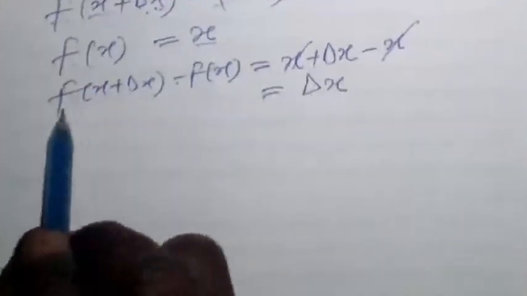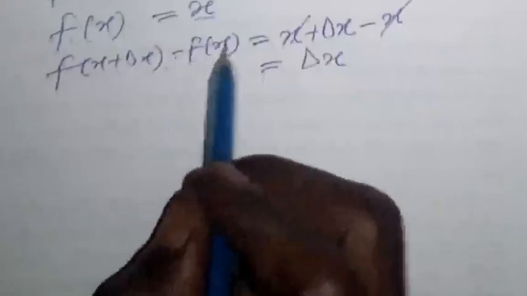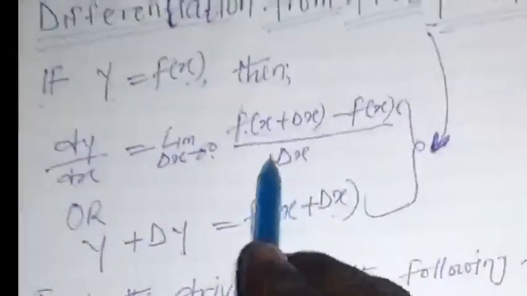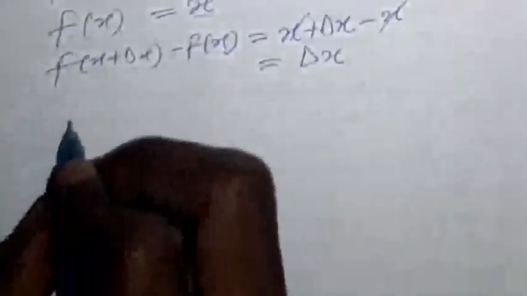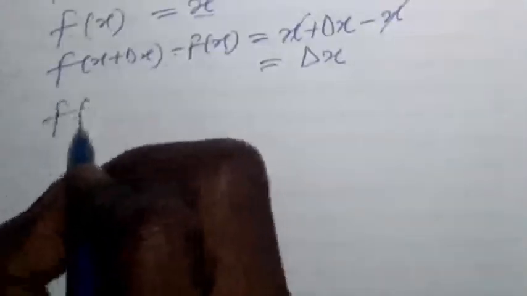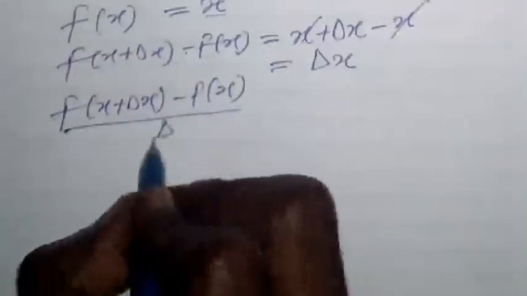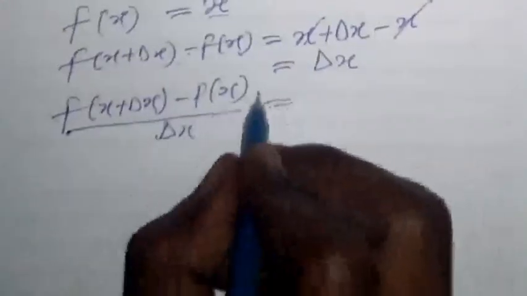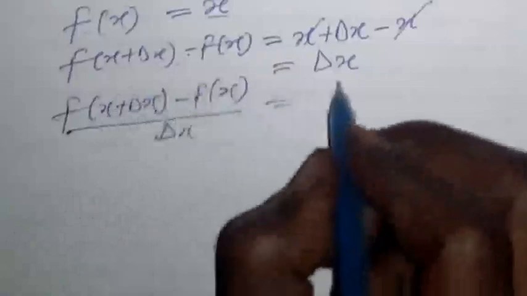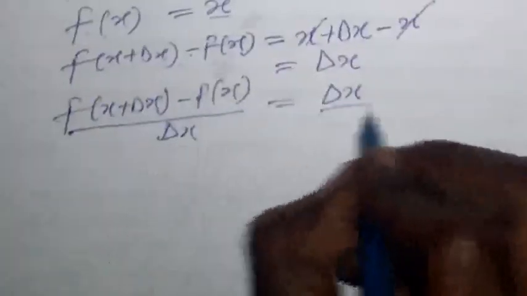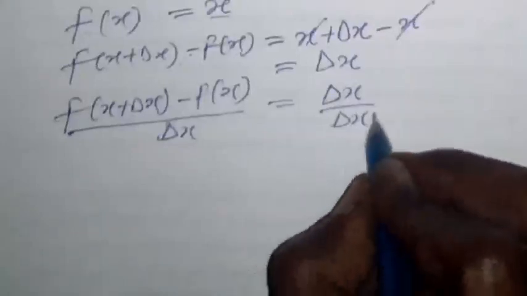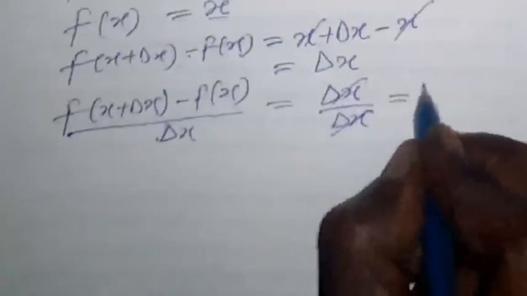Then we evaluate f(x + delta x) minus f(x), that is the numerator. Then we combine the two in order to simplify both numerator and denominator. Therefore f(x + delta x) minus f(x) all over delta x is equal to this top numerator, which we simplify as delta x, and then also we have a denominator of delta x. So as you can see, this cancels this, which is equal to 1.